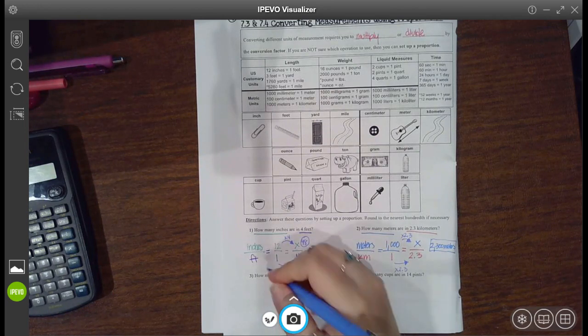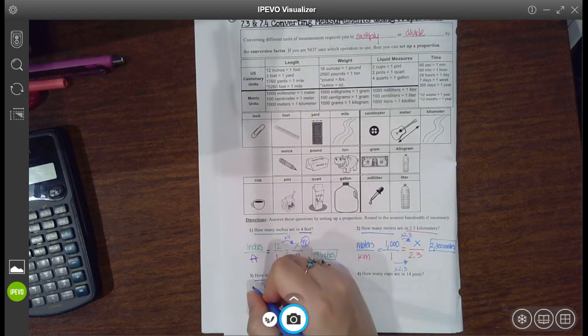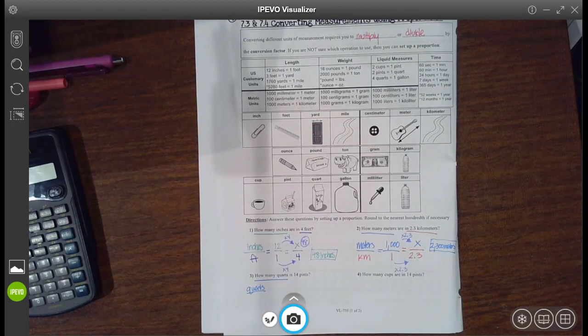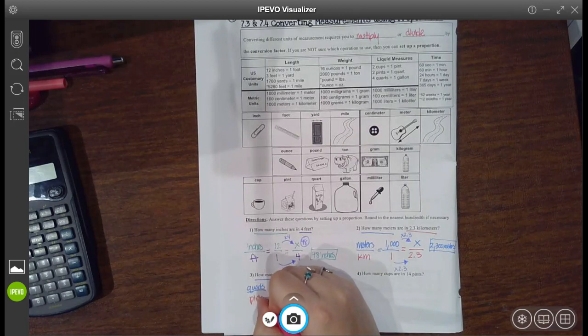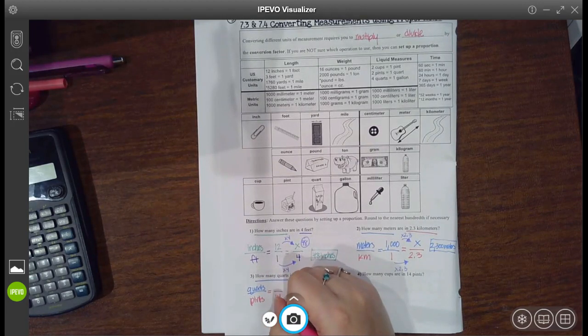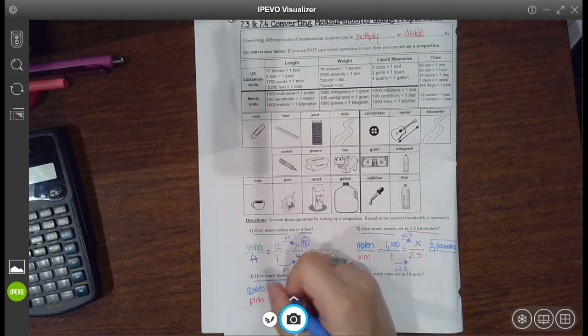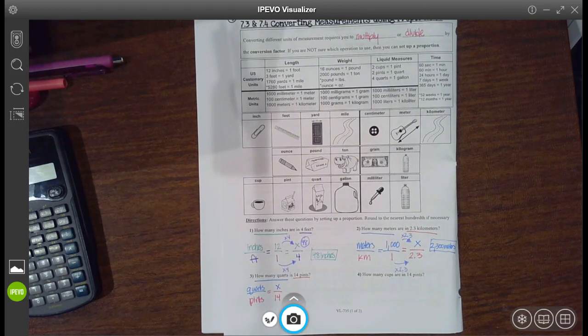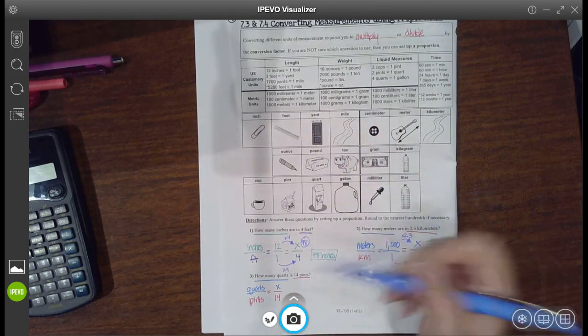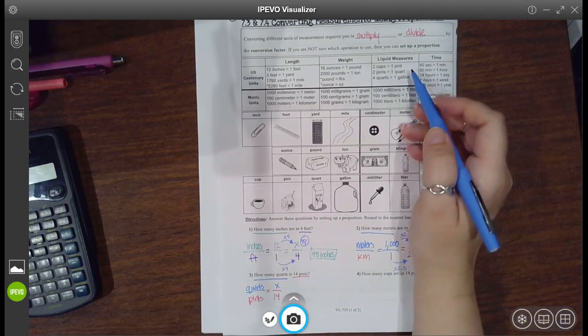Okay, so the next one that you're asked to do is to go from quarts to pints. Okay, well, they told us that there was 14 pints, and then they want to know how many quarts that is. So look up here, and quarts and pints is talking about liquid.